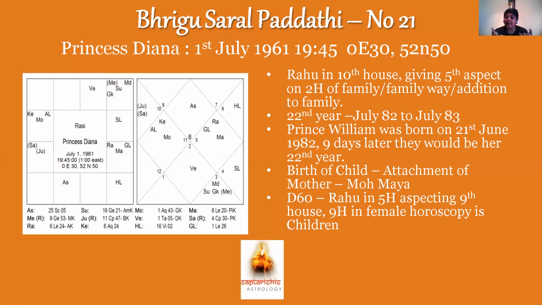This is a very straightforward prediction. If the chart comes anonymous, without knowing the name, you could say that something must have happened related to the second house, to the family, or an addition to the family, or the person must have undergone some changes with taste and food, because you might have to change your diet when you are pregnant.